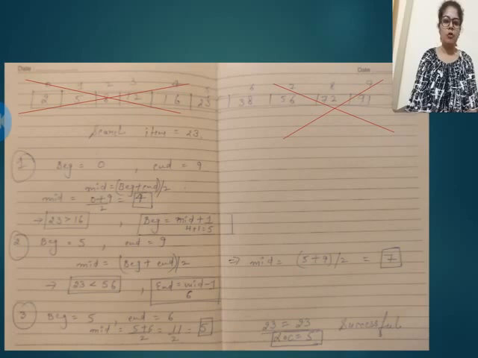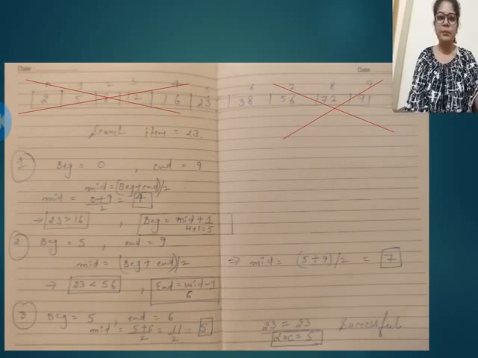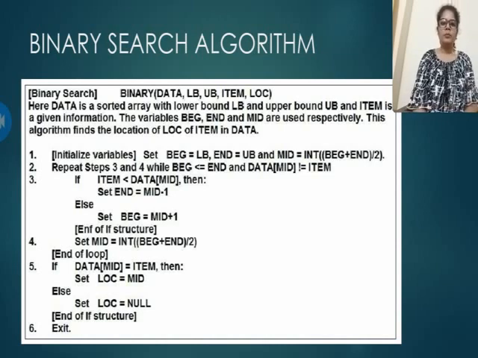Our item was 23. Mid is equal to item. Set location equal to 5. 5 means mid. So, step number 5, if data mid is equal to item, in that case, set location equal to mid.